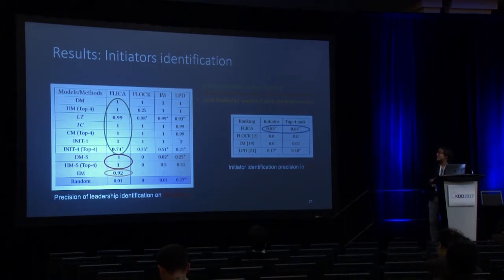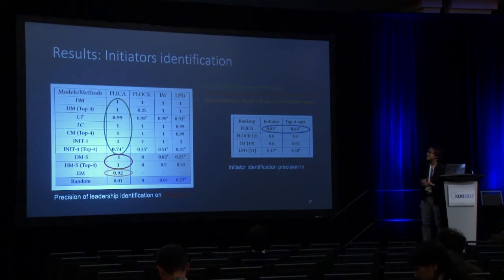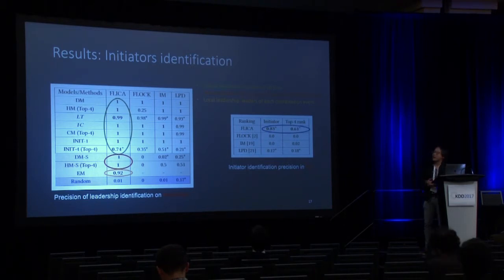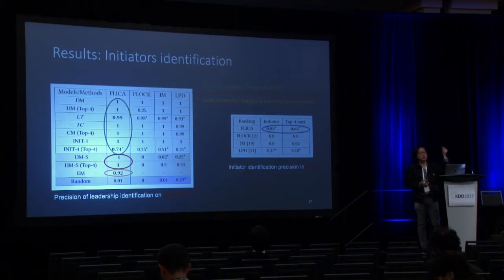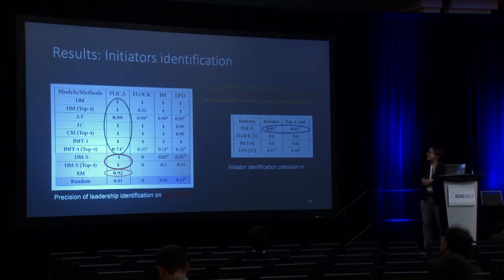So here's the result. The left-hand side is the simulation model. We have many simulations. DM represents the dictatorship model. We have a single individual who leads the entire group. When this leader moves somewhere, the entire group just follows. The SM is a hierarchy model. It's like a king leads the group, and then the queen follows the king, and then the jack follows the queen, something like that.